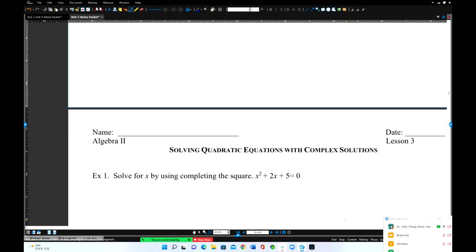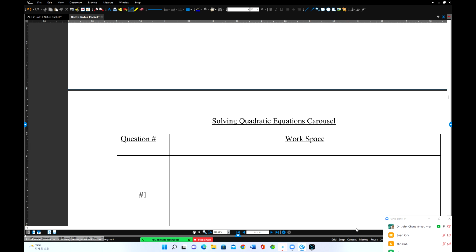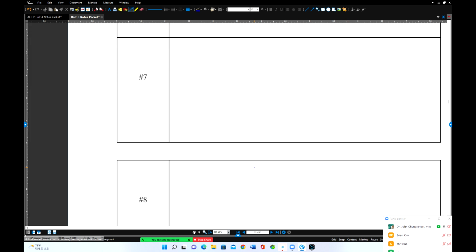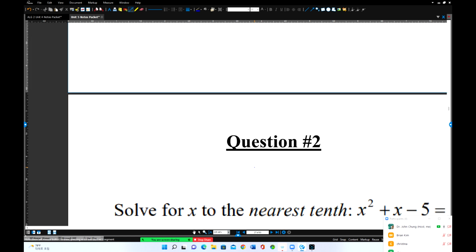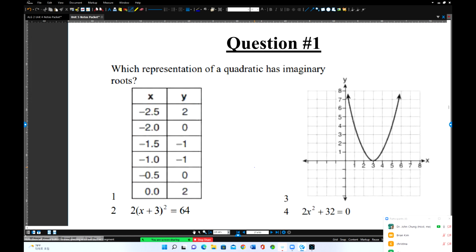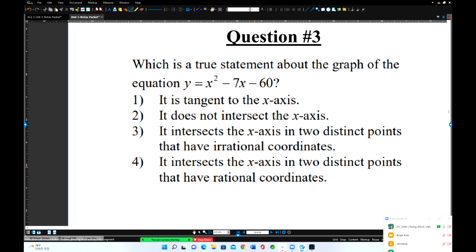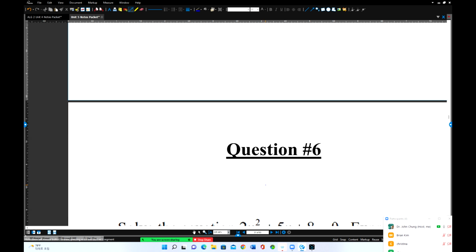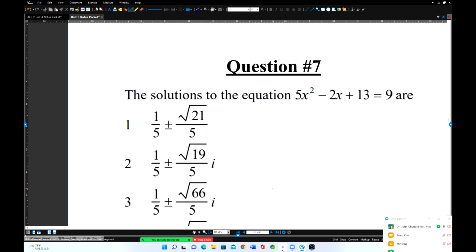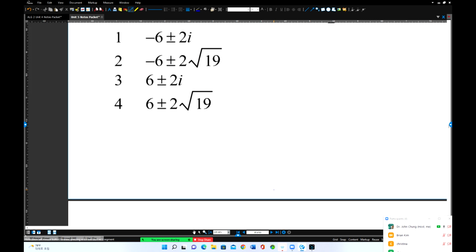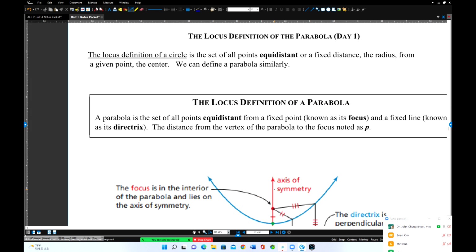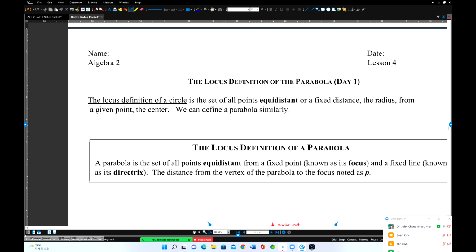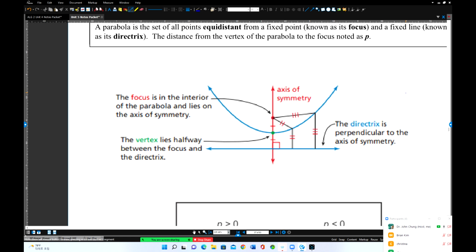Okay, so we cannot go into, okay, we did write the imaginary root already, okay? But next time we're going into the locus of a parabola, okay?